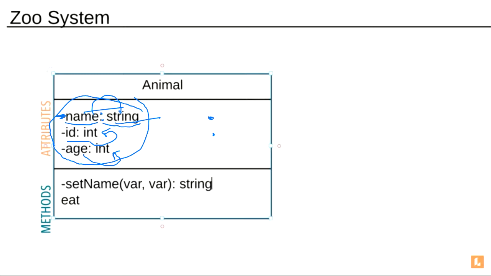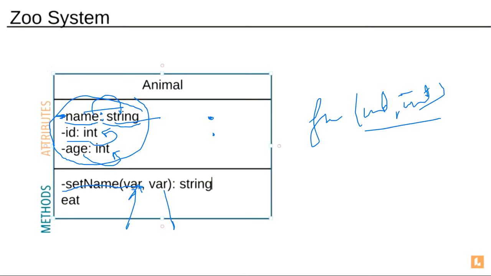Now in the methods, if you are writing a function, then obviously you provide some arguments inside it. If you want to show that set name takes two arguments, first a variable, second also a variable, you can show this, but generally we don't show anything in the methods. We just write the method name for simplicity.